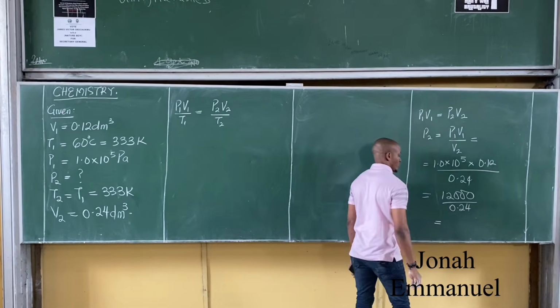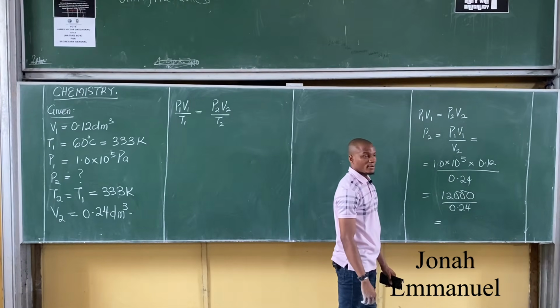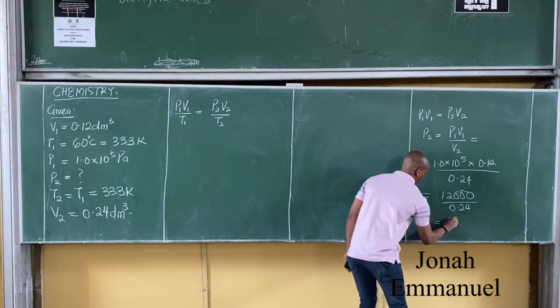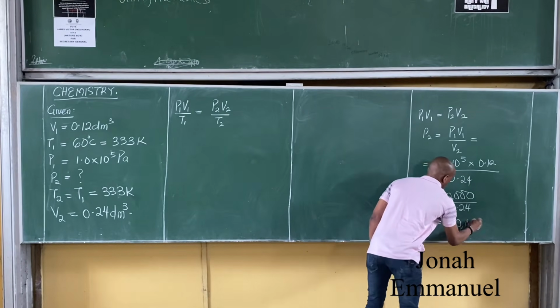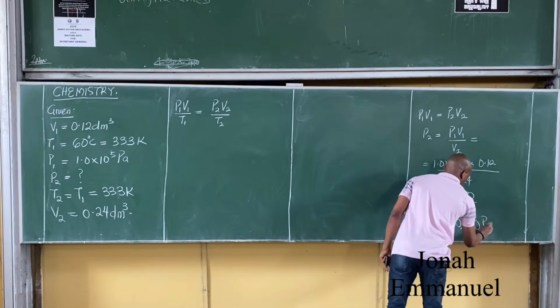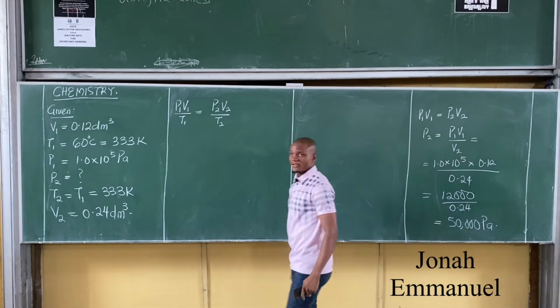Give me the answer. 50,000. My P was in what? Pascal. So 50,000 Pascal.